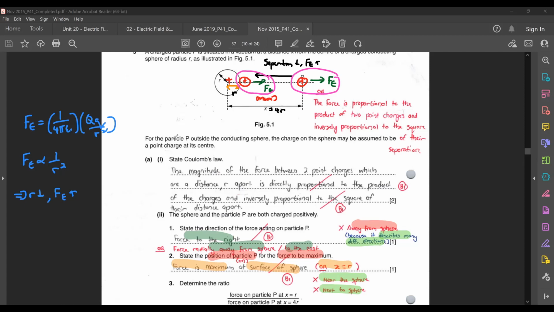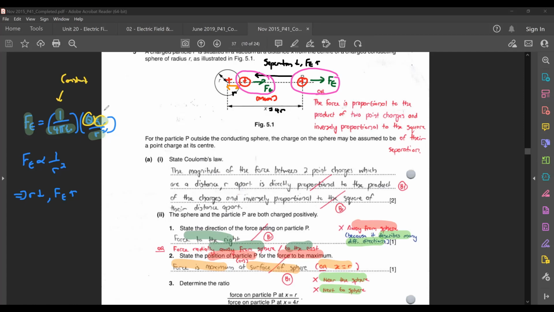Okay, so for these 2 positions, we already know that the electric force can be calculated by this equation. Fe is 1 over 4 pi epsilon naught times qq over r squared, right? In our case, there are certain things that you can say are constant. The 1 over 4 pi epsilon naught is obviously a constant.